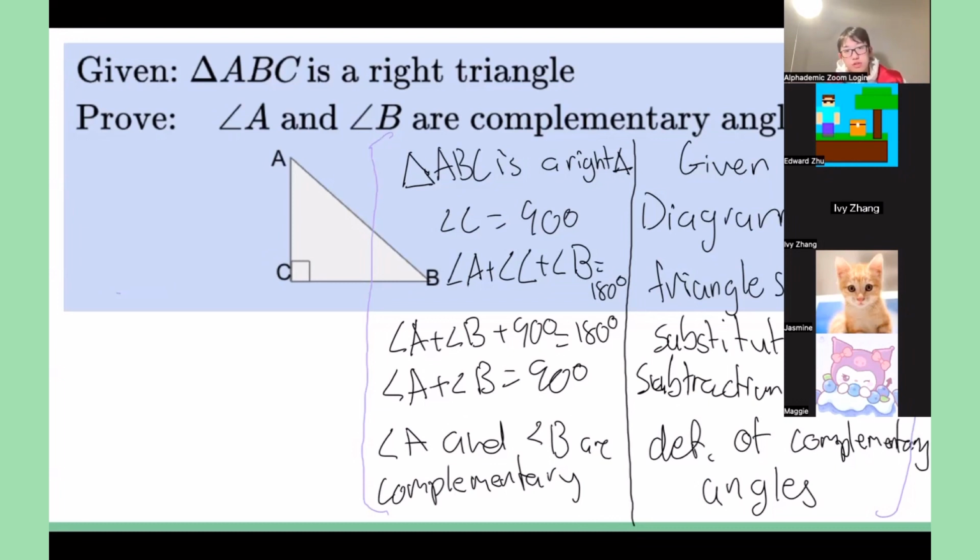So even though some of these parts seem very unnecessary, I guess, they are all required to show that you understand the step-by-step processes in doing a geometric proof.